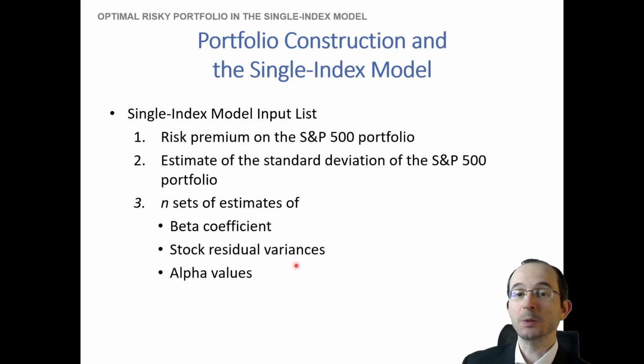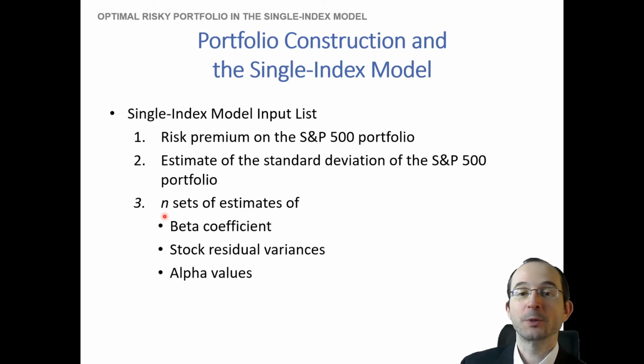So you can see the good news here is that instead of estimating an exponentially growing set of parameters, with variances and covariances getting bigger and bigger the more assets that we have, really the number of parameters we need to estimate just grows linearly.